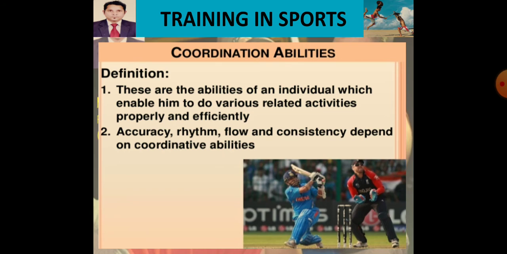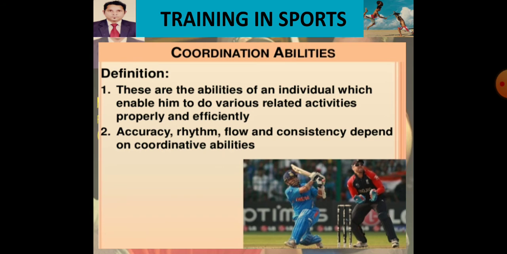Coordinative abilities have general as well as specific application in games and sports. Balance is needed in all games and sports, but balance has specific application in gymnastics, shooting, archery, and other sports activities.